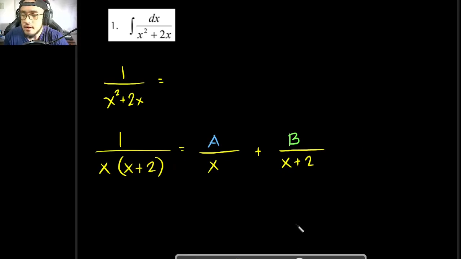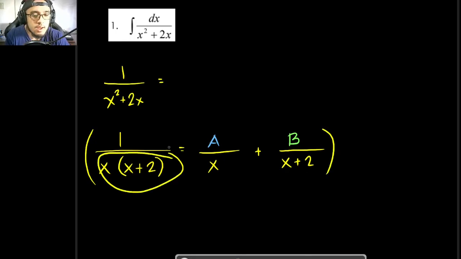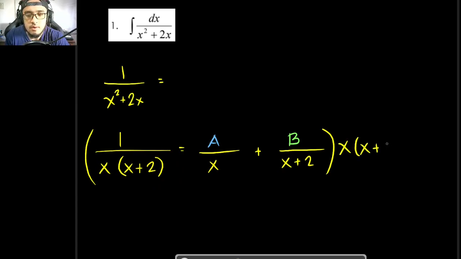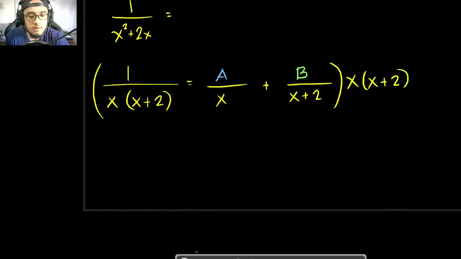After that, the next thing you would do is multiply the whole equation by x times x plus 2. So let's multiply it to all of the terms. For this part, 1 divided by x times x plus 2, times x times x plus 2, this would simply cancel out, so this is just equal to 1.